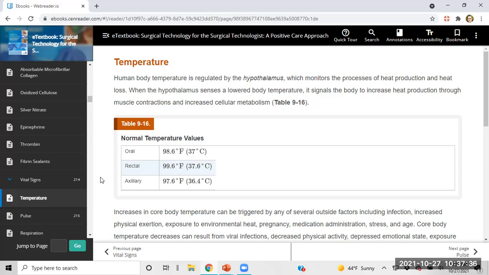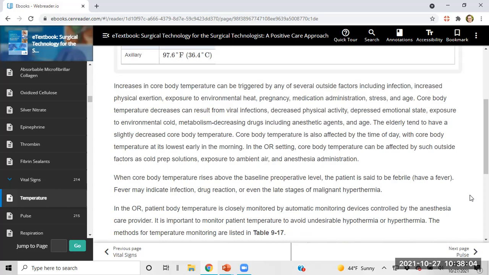Just know that this is the standard that is followed all the time, but it is a wide range of normal. This is the average of normal, but it does not mean that if you're not 98.6, you're abnormal. I know a lot of people whose normal is in the 97 range, or their normal is in the 99 range. So just know that this is the average.